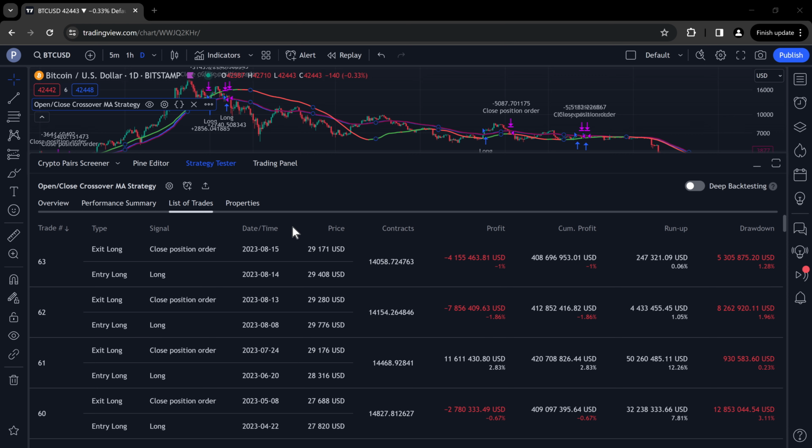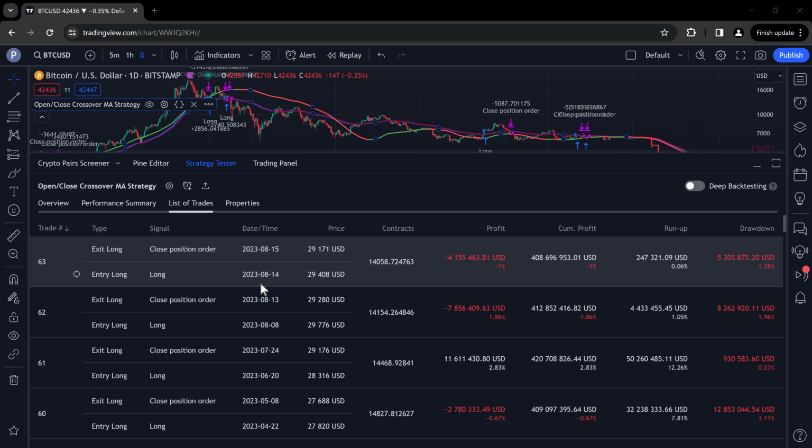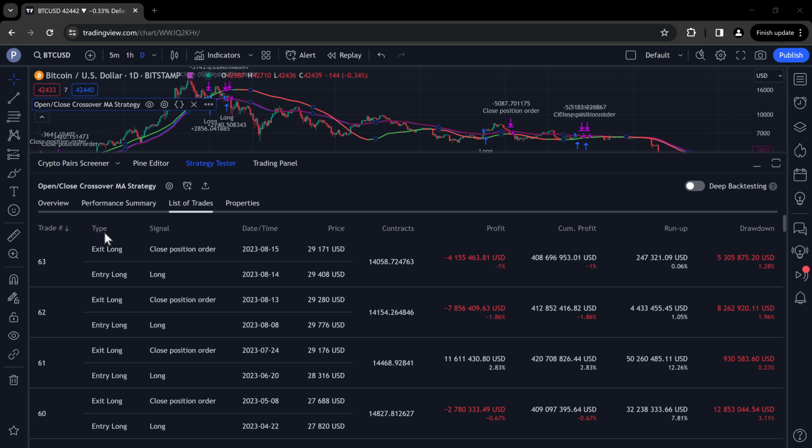The Trades List tab offers a detailed examination of the trades simulated by the strategy, presenting crucial details such as date and time of execution, the order type of a trade, entry or exit, the quantity of contracts, could be number of shares, lots or units traded, and the price used in a trade, and other important trade performance metrics such as cumulative profit, run-up and trade drawdown.